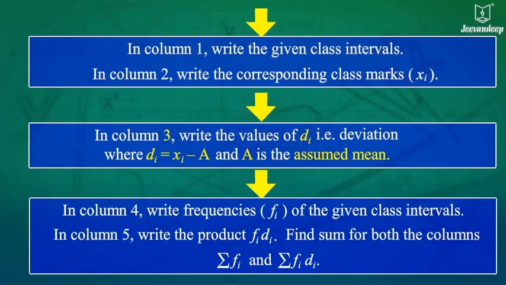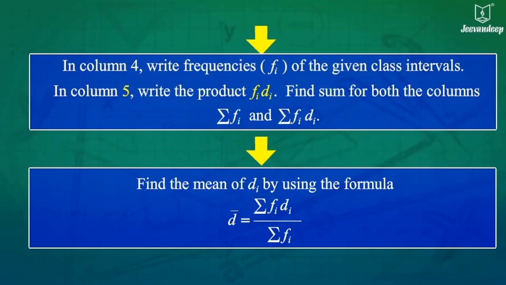In column 4, write frequencies fi of the given class intervals. In column 5, write the product fi di. Find sum for both the columns, that is sigma fi and sigma fi di. Find the mean of di using the formula d bar equals sigma fi di upon sigma fi.